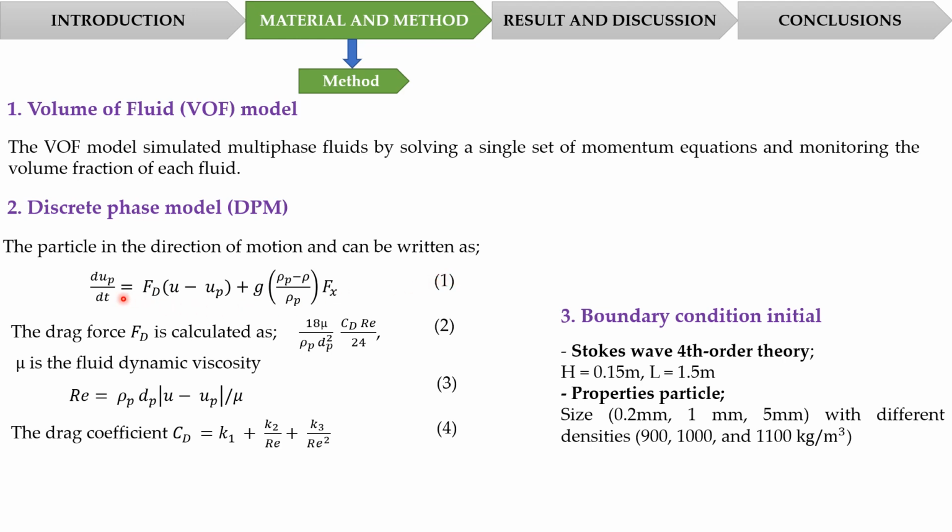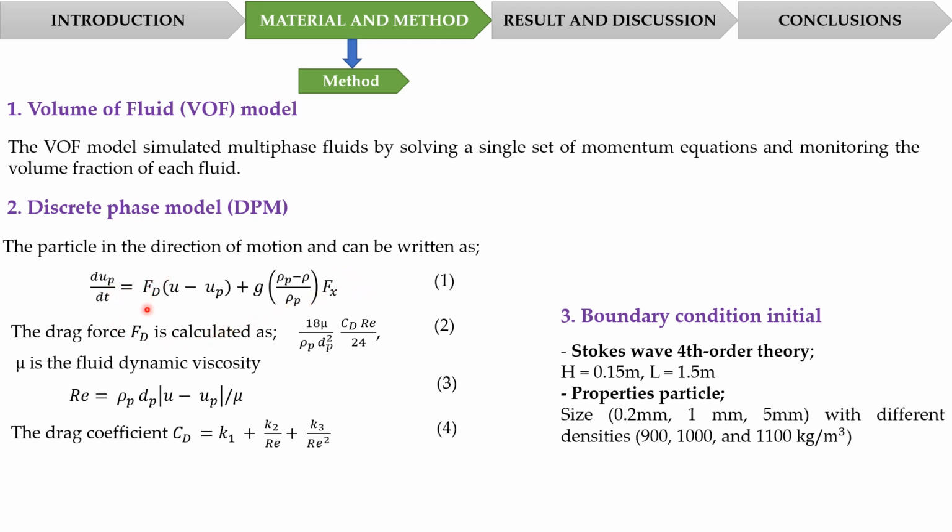In equation 1 we can explain some parameters: FD is the drag force, u is the velocity of the fluid, up is the velocity of the particle, rho p and rho are the density of the particle and the density of the fluid, and Fs is the inertial force.